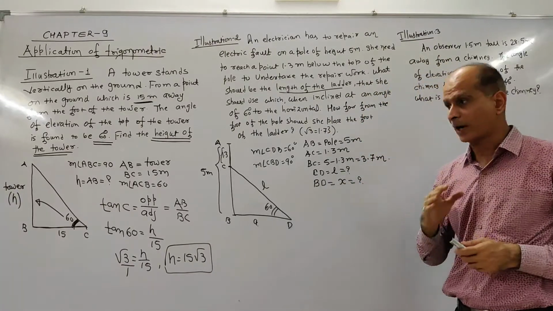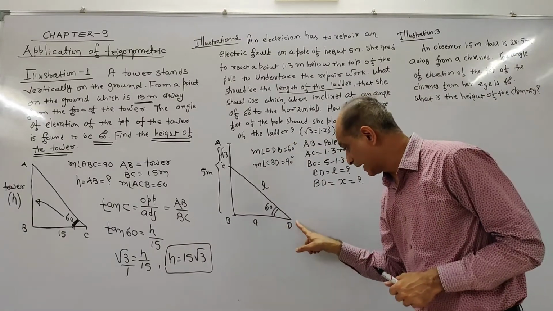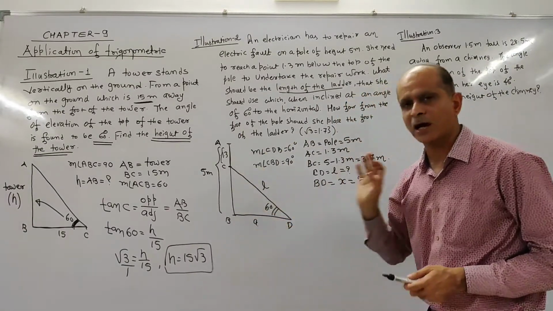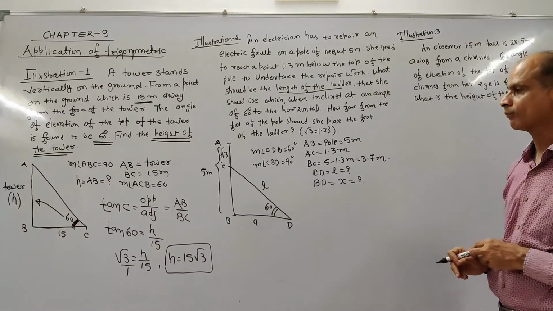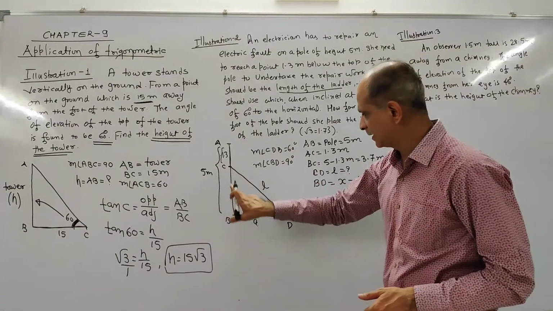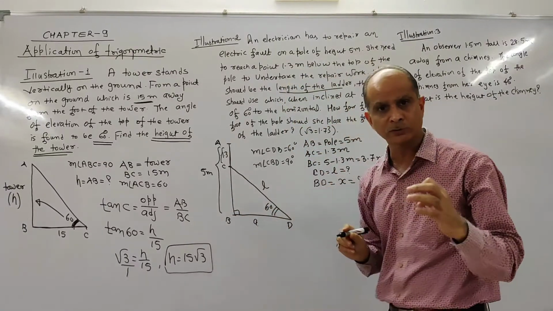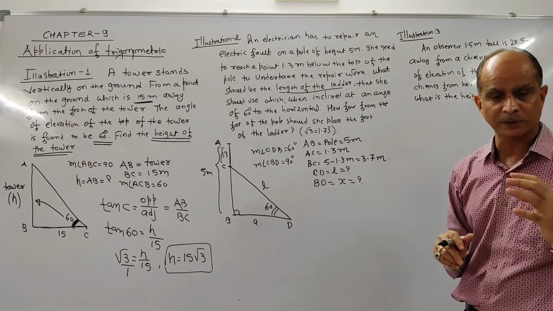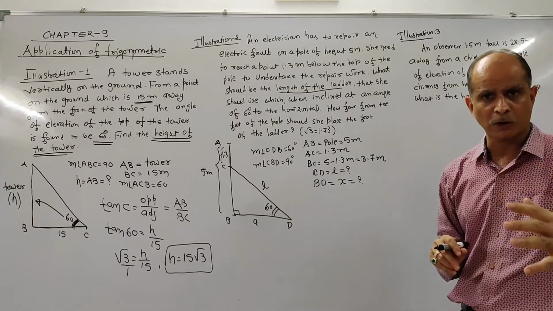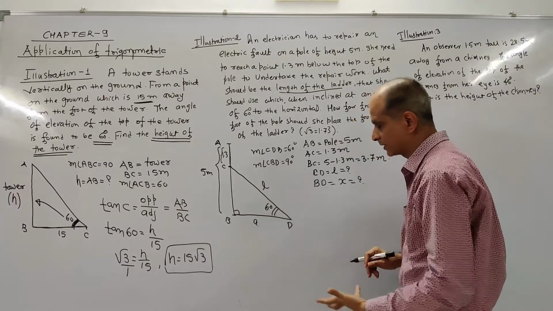So here you have to find the length of the ladder as well as the distance of the ladder from the tower, that is BD. Well, you know in triangle CBD, angle B is 90 degrees. So here you can use the formulas of the 8th chapter, sine, cos or tan. Here hypotenuse is involved in this example.